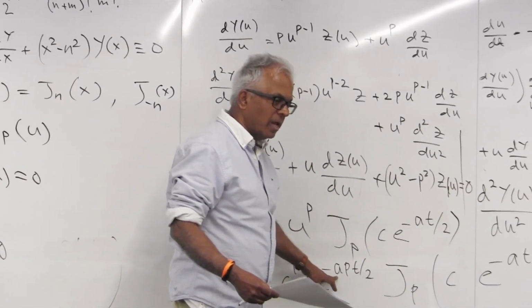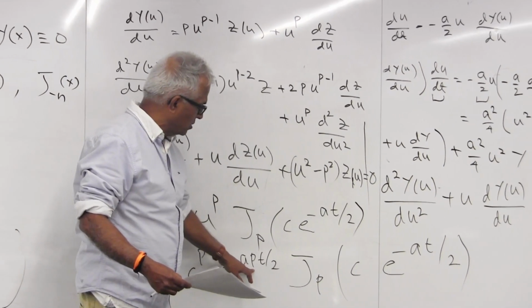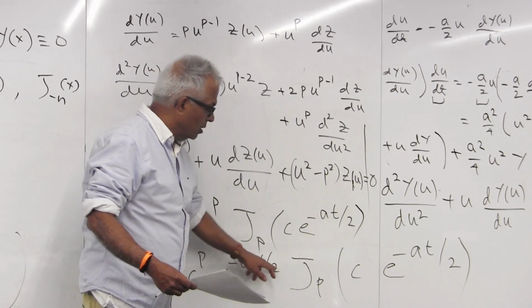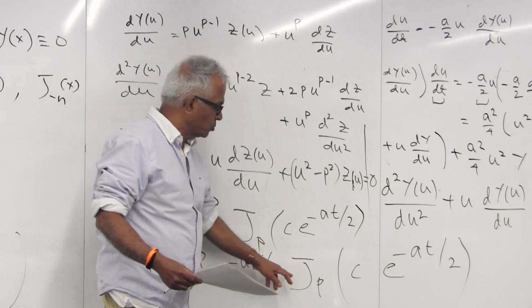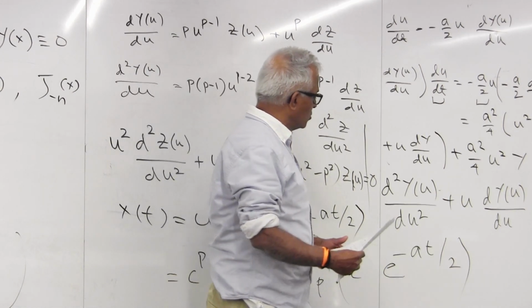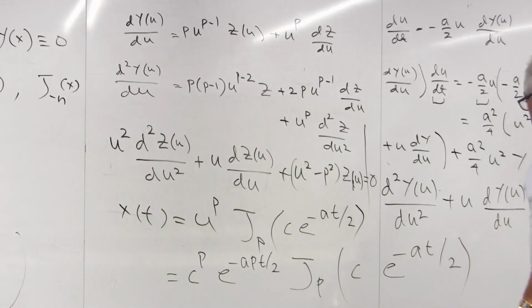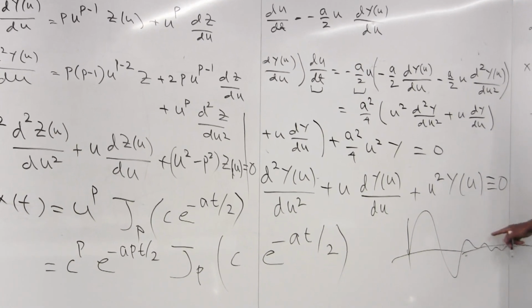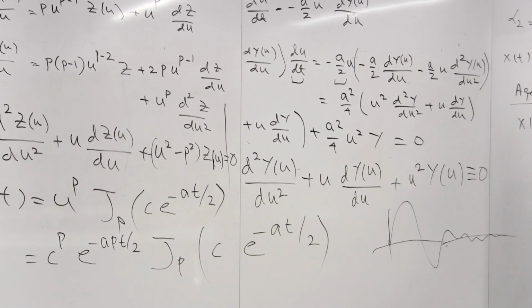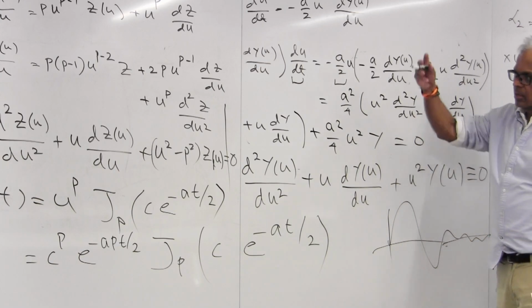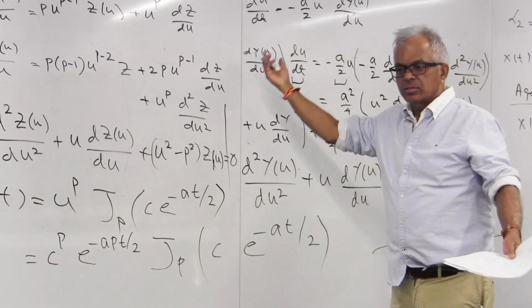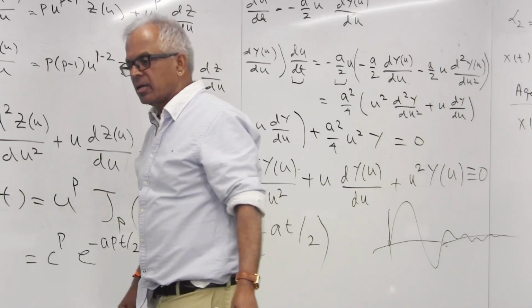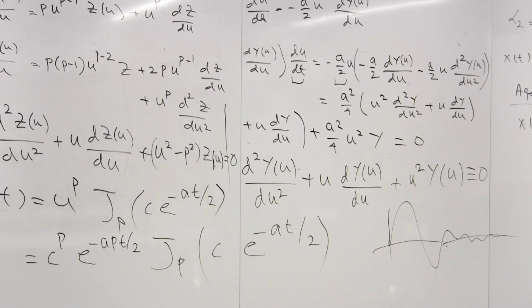Again, a is for the aging, p is the Bessel function order, the exponential decay with respect to time, plus it involves a Bessel function multiplied by it, so it's essentially something like this. It is very interesting to see the plot of this without or with just decay, and also compared with where we started, which is the ideal spring.